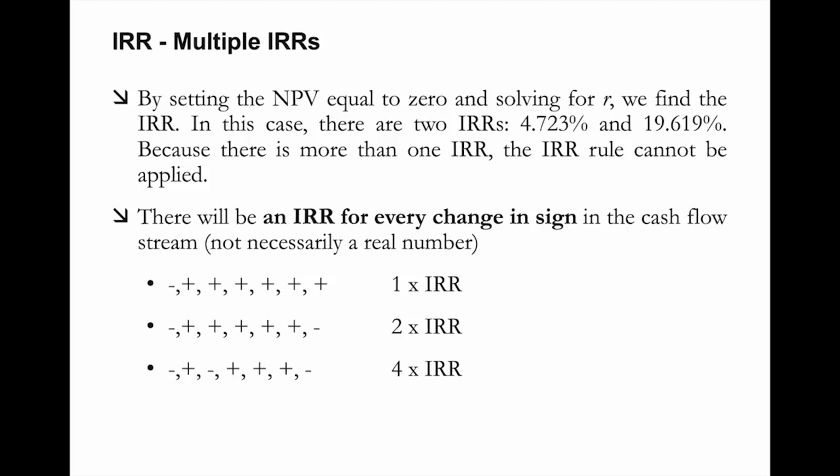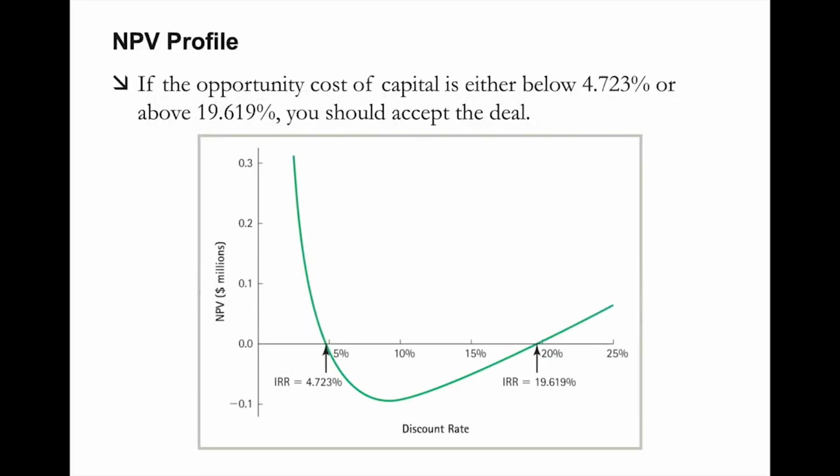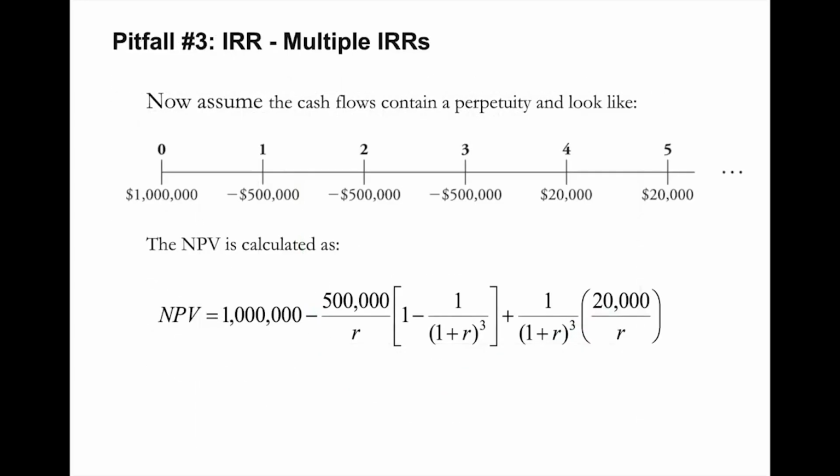So we cannot really rely on the internal rate of return when there's multiple internal rates of return. So notice in the last example, when we had a look at the equation for the NPV, the cash flows are actually changing sign, or it's probably easier to see on this timeline.